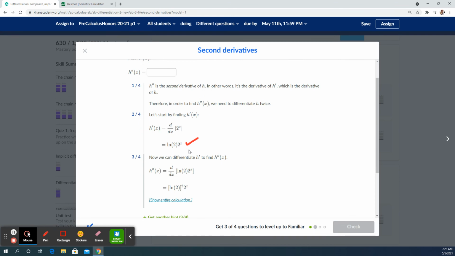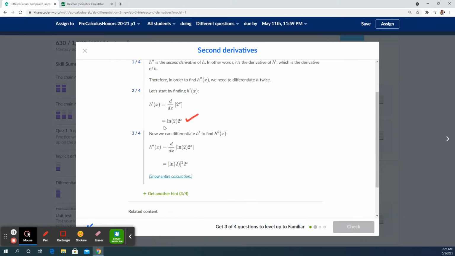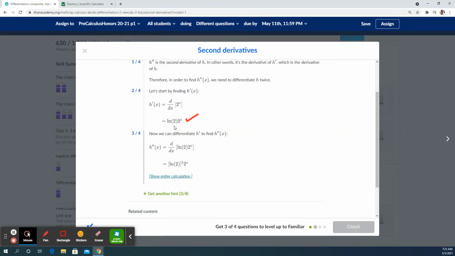So the mistake was that ln of 2 is just a constant. So we would just focus on the derivative of 2 to the x. So my mistake was that I treated it as a function.